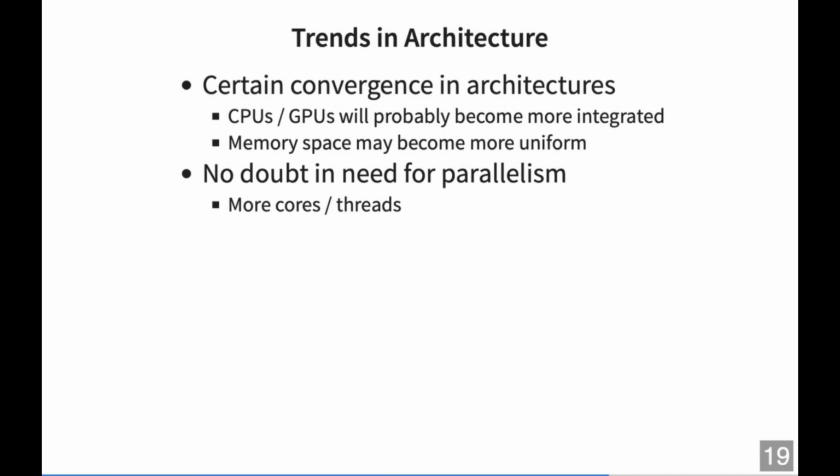So, for example, from the programming point of view, one of the things that we will see is an issue for writing our applications is that the GPU and the CPU may want to look at a different memory space, which can complicate matters, but in the future these memory spaces will probably become more uniform.